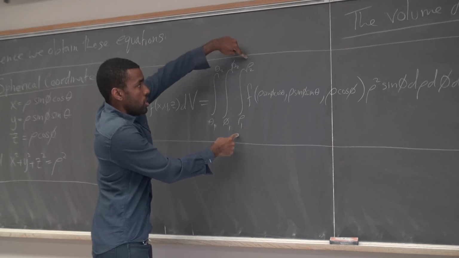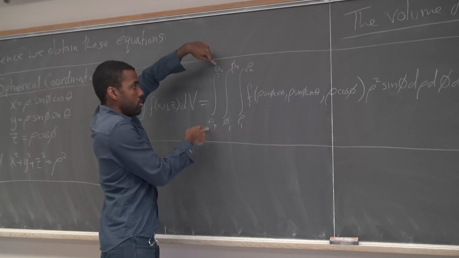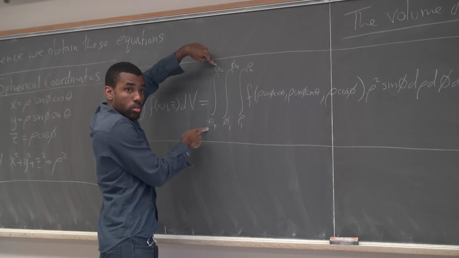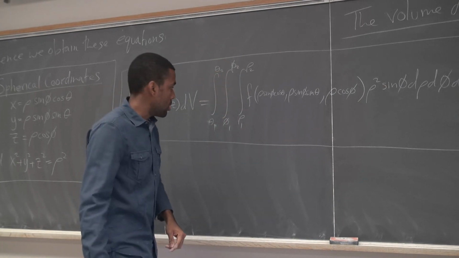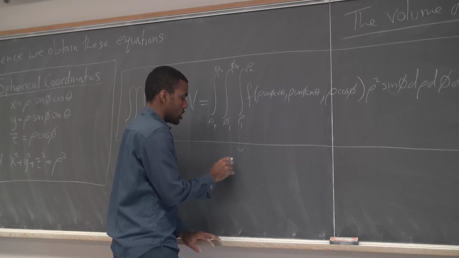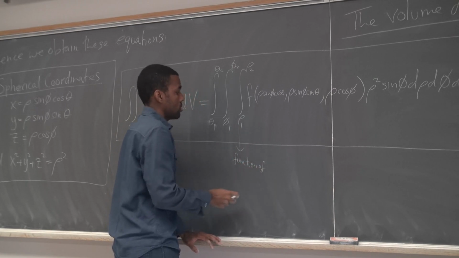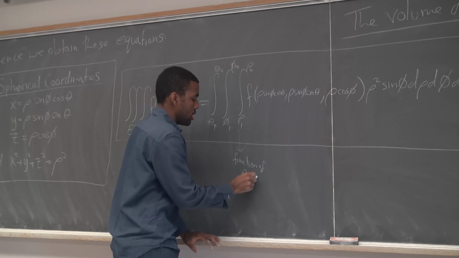So rho may be a function of theta and phi. Phi may be a function of theta. Theta would have to be constants, right? If you're setting it up this way. So this guy is a function of theta and phi.